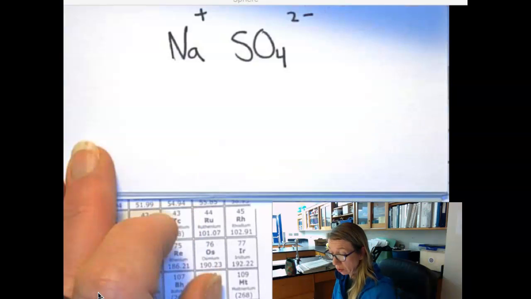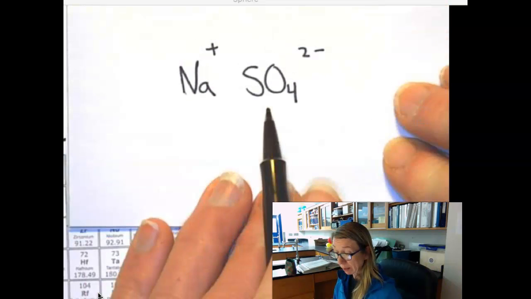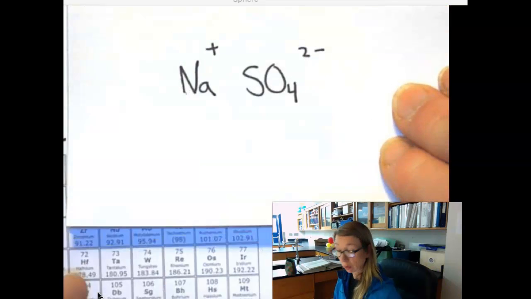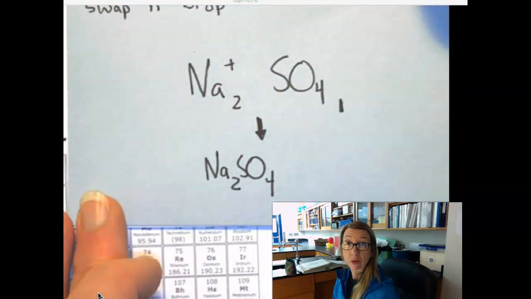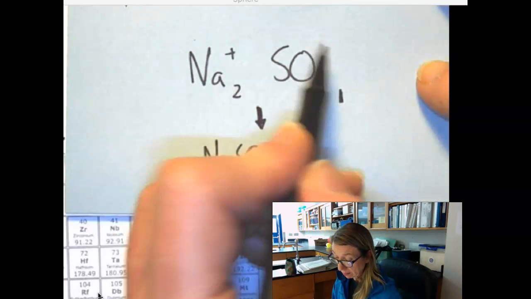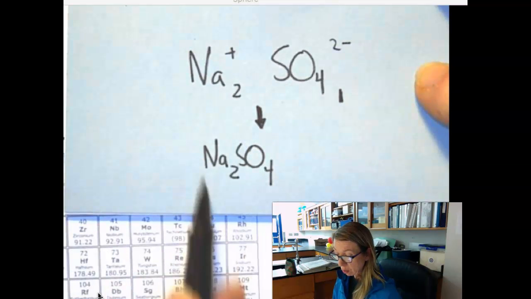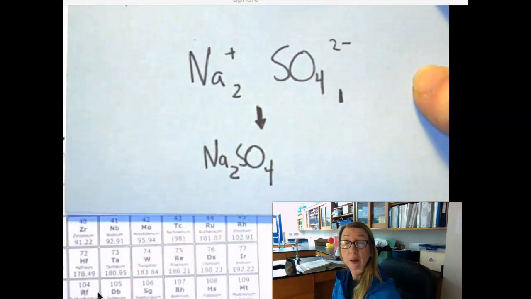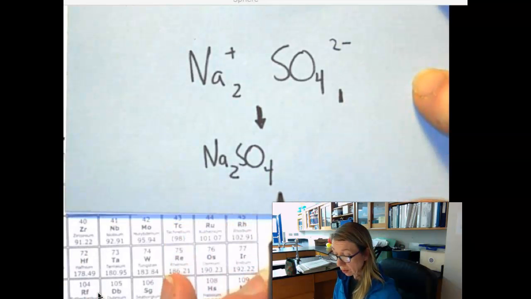We write down the element and the polyatomic ion with the oxidation numbers. Then we do the swap and the drop. We bring down the 2, we bring down the 1. We drop, we clean up, we leave off the oxidation numbers. The 1 is assumed, so we don't have it here.